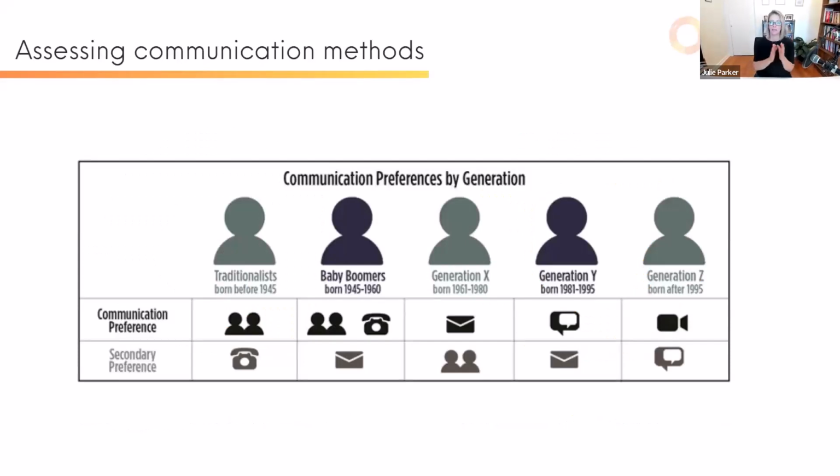We want to assess the communication methods because in every dental practice, we have a range of different age demographics represented. And it's important for us to understand the different methods of communication and the different levels of engagement that they actually have. If you're close to an elderly care facility, it might be a more older demographic in your area.